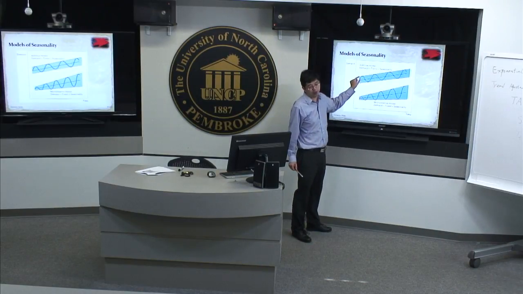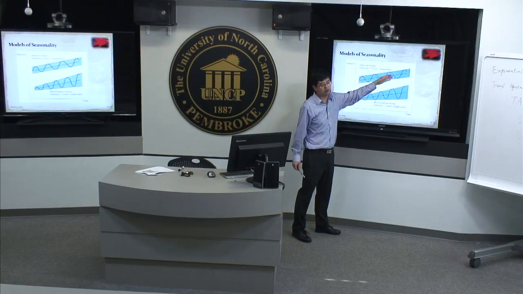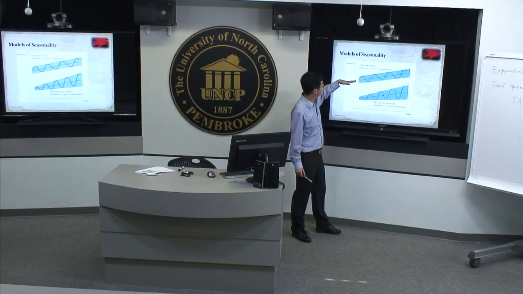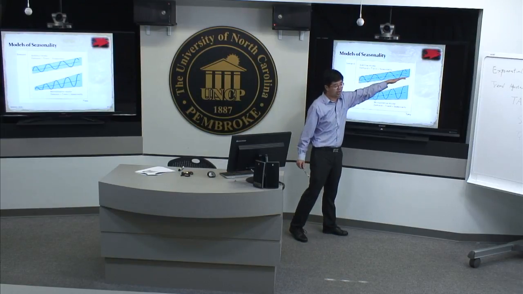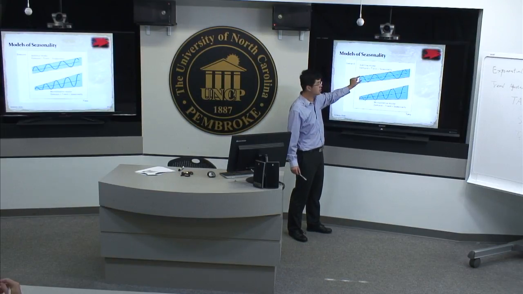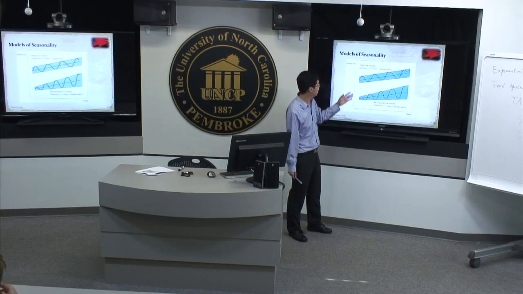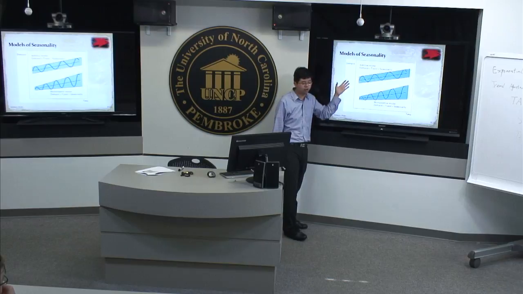Overall, the fluctuation is very stable. If you have a linear trend as your forecast for the average, then you just add a constant, like 100 above the average for peak season and 100 below the average for the low season. Then you have the forecast. That is perfect for the additive model.